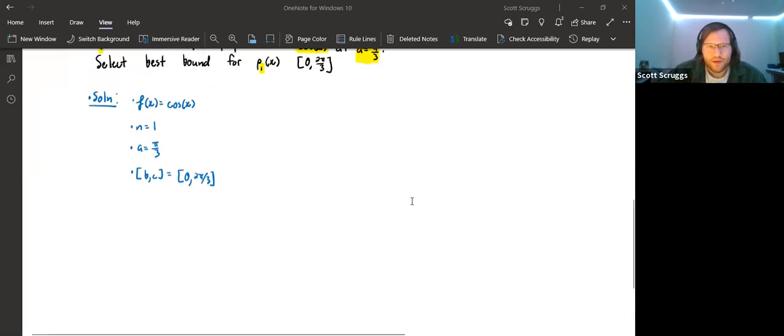So let's scroll up. There we go. So here is some of the bookkeeping that I'm going to use for that. So based on what I got, what should I do to try to figure out what that m would be for that bound?